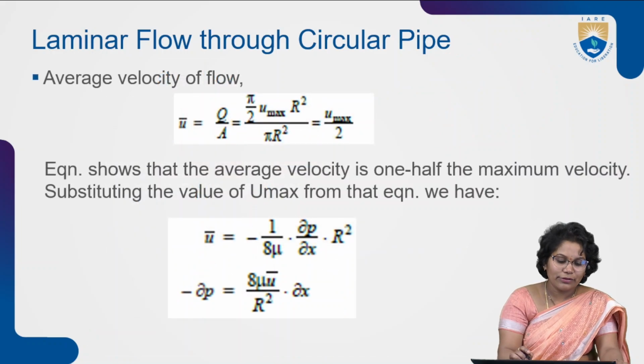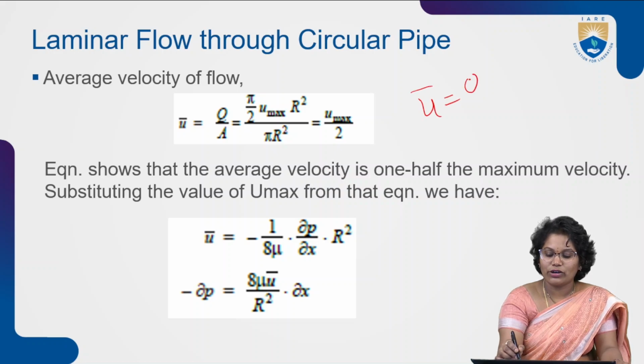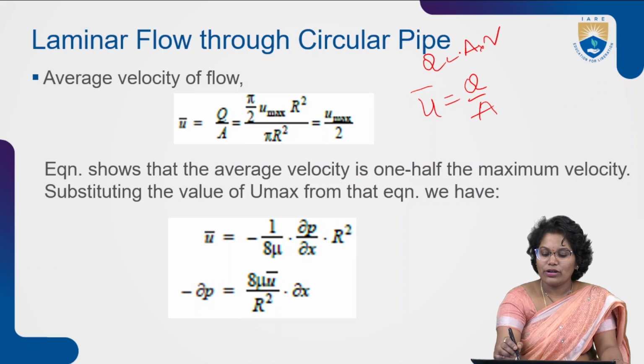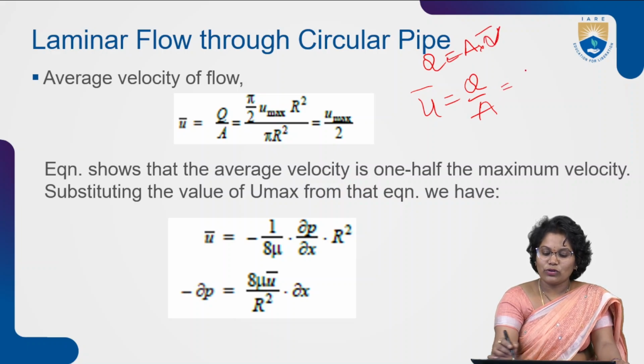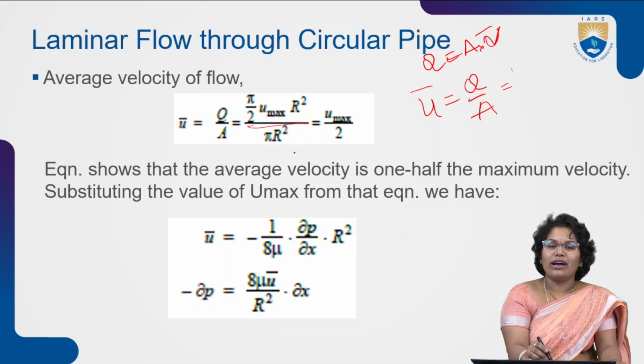After getting this, substitute. U average is equal to discharge by area. That is, Q is equal to area into velocity, so velocity is equal to Q by A. Q we already got as pi by 2 U max into R squared, and the area is pi R squared.